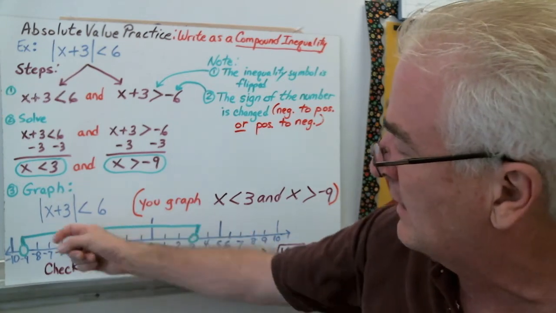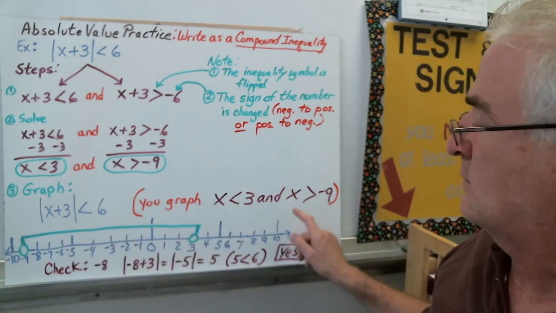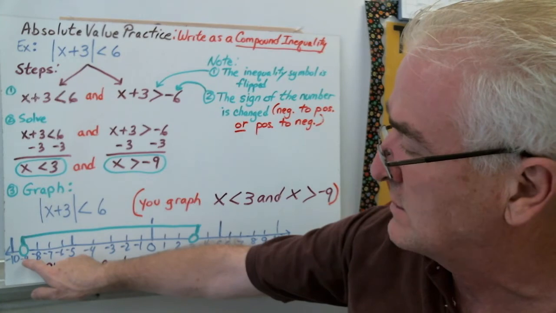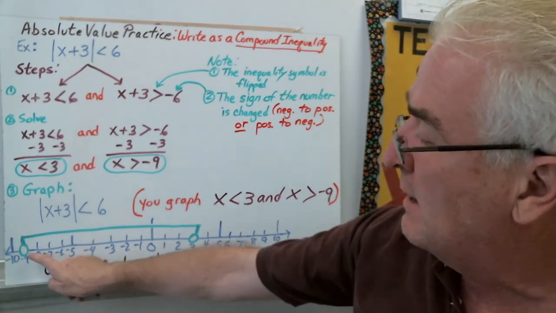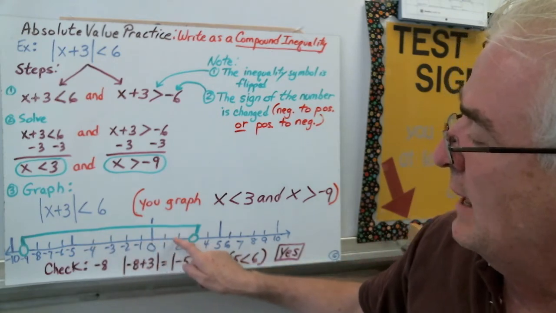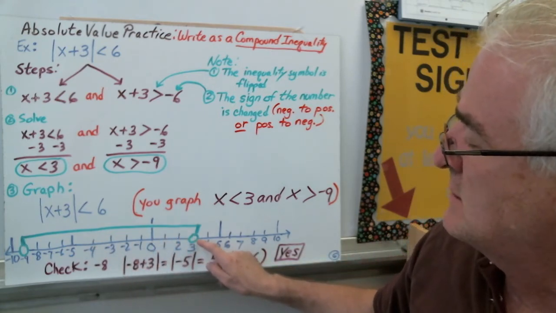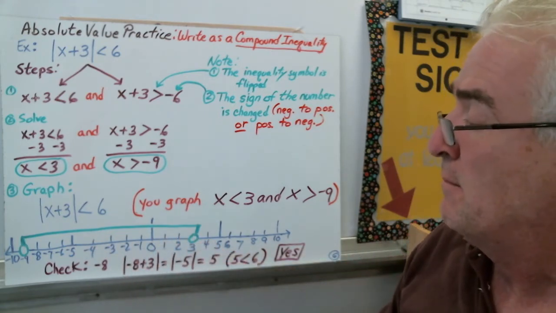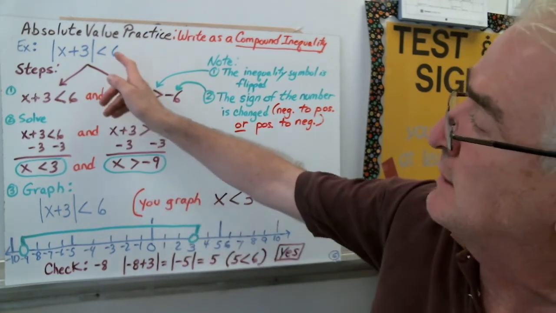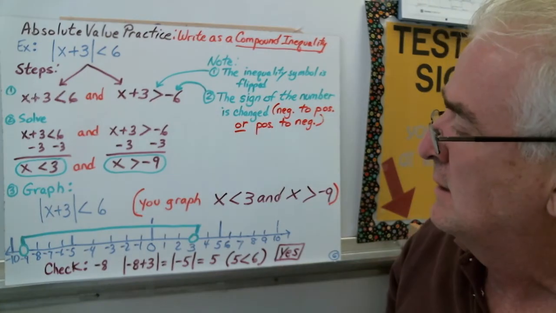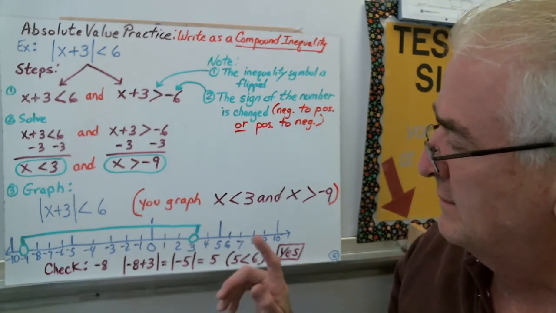We're going in that direction. We have x is greater than negative 9, open circle here, going in the positive direction. And every number between negative 9 and 3, but not including negative 9 and not including 3, would be the solution to this inequality. Let's check.